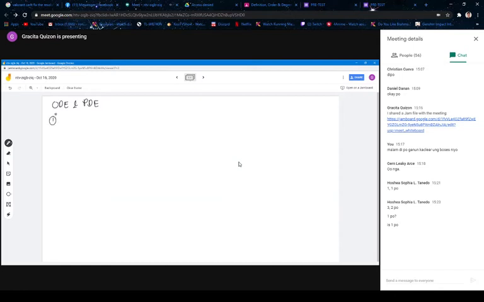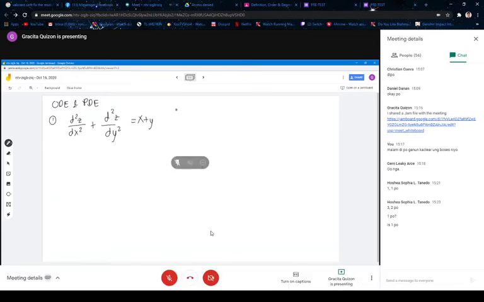So, yung mga example natin doon, bago natin solve, ano ba yung difference ng ODE and PDE?